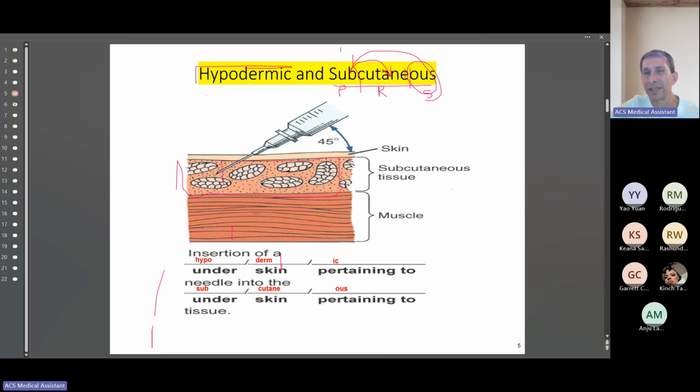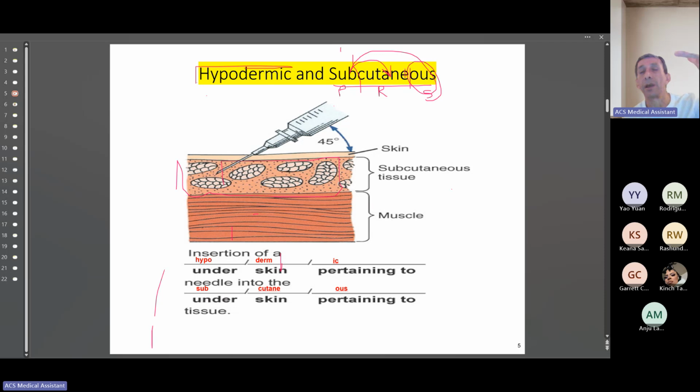Depending on the context. If I'm going to give an injection, I know that I'm going to do that. But if I'm going to do other procedures, I don't use hypodermic. I'm going to use subcutaneous. So subcutaneous and hypodermic mean the same. Is that understood? Just the same name for the same structure, the same layer of the skin.